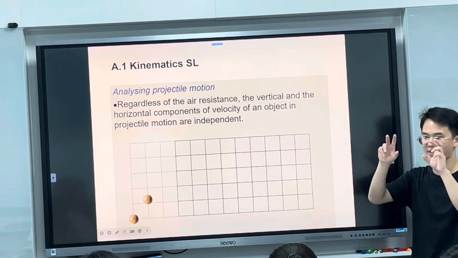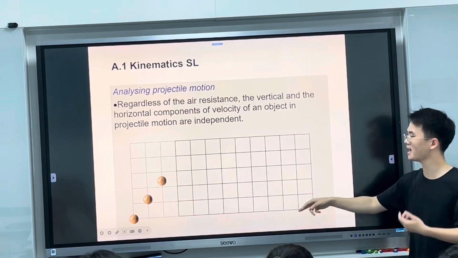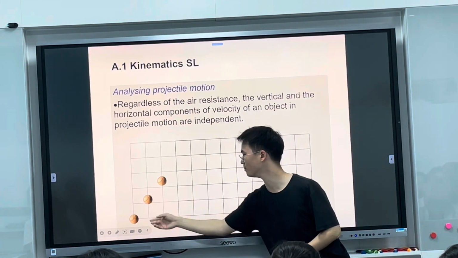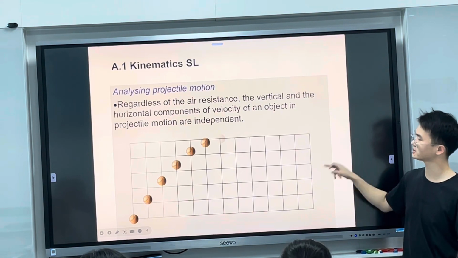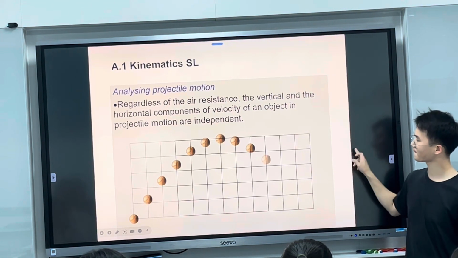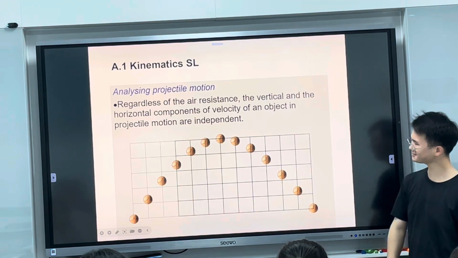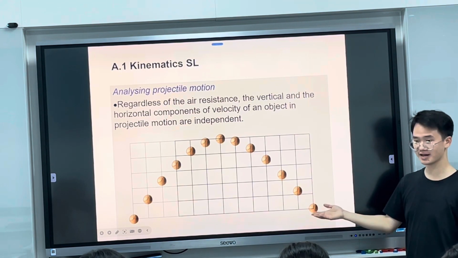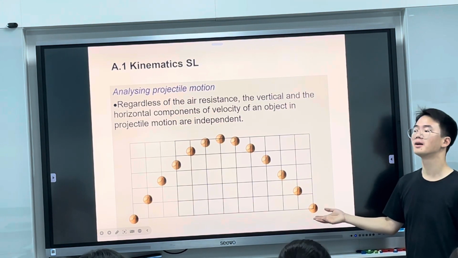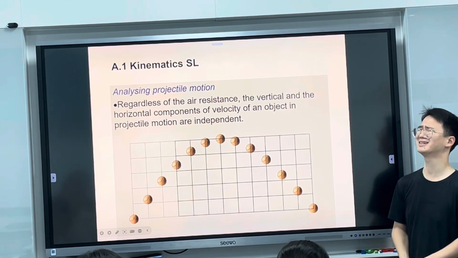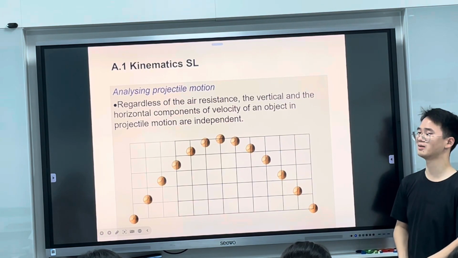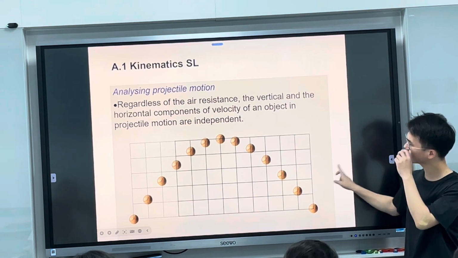If we took pictures at the same time interval, we will find the trajectory like that. And it's actually a parabolic line. How do you pronounce it? Parabola? Okay, parabola.